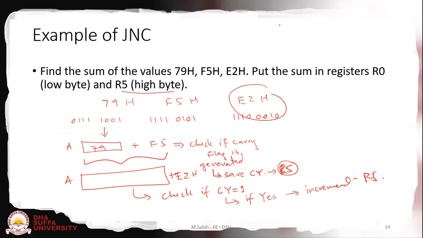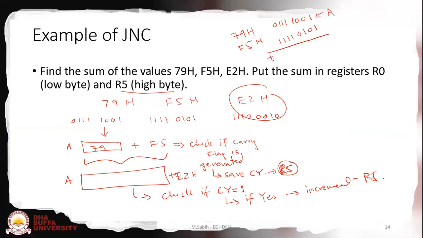If you see here, roughly if I calculate 0111 and 1001, this is 79. And F5 will be 1111 and 0101.